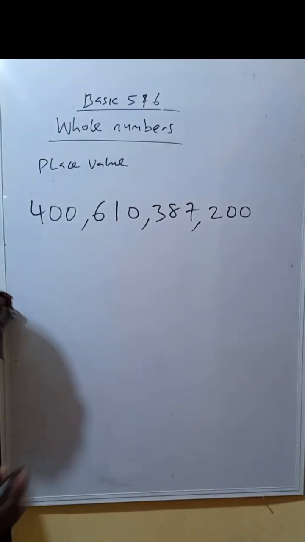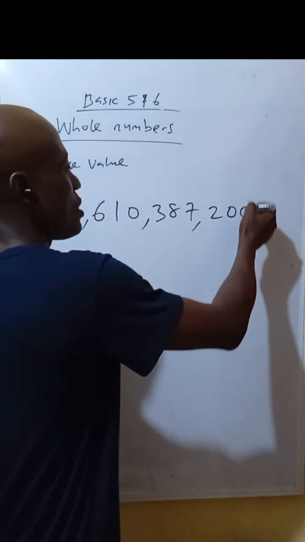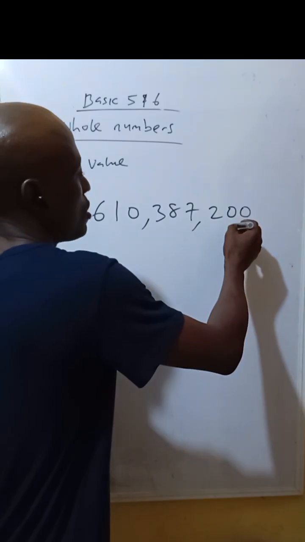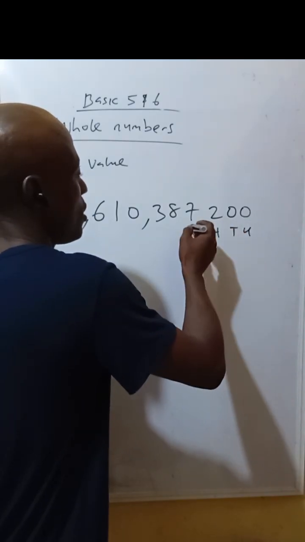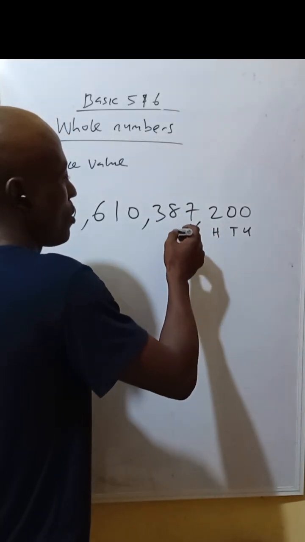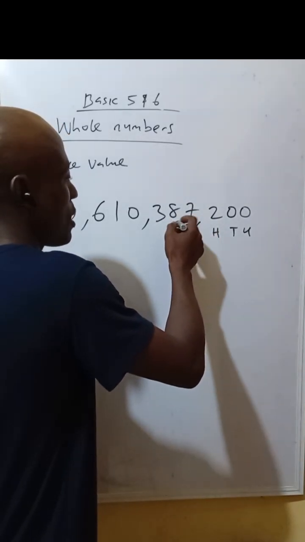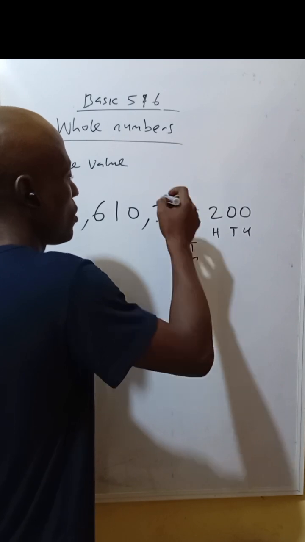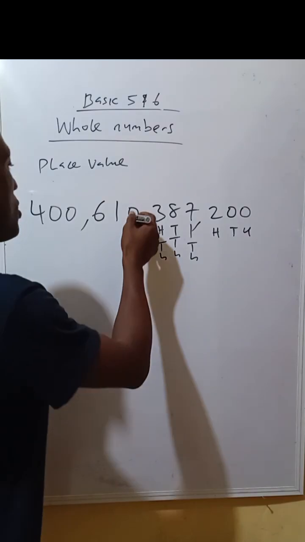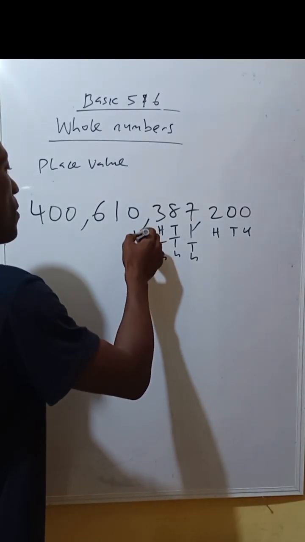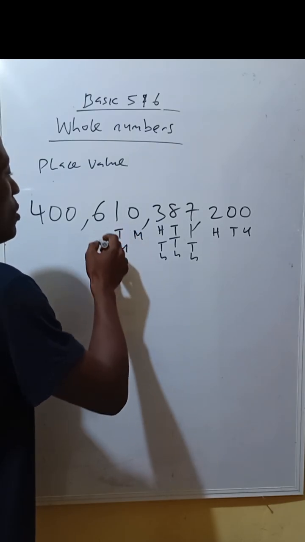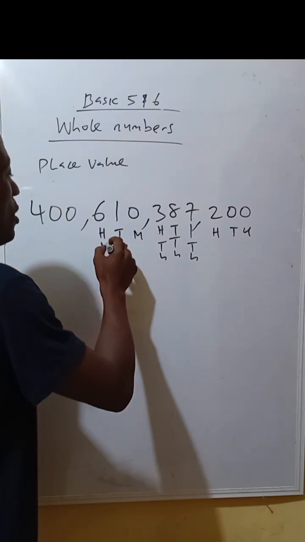It's like a demarcation. So this is unit. Let me write it under unit. You can write it above or below. Unit, tens, hundred. This will be thousand. This will be 10,000. This will be 100,000. This is million. 10 million. This is 100 million.